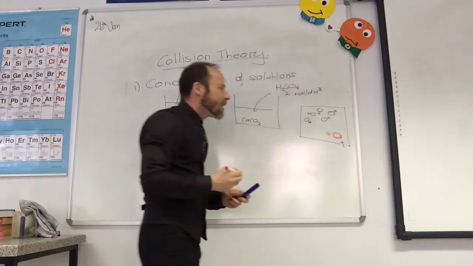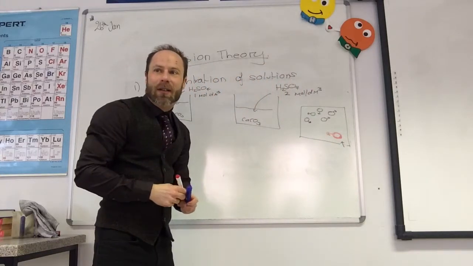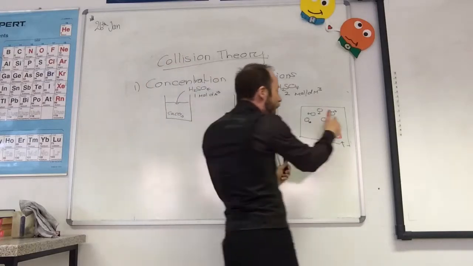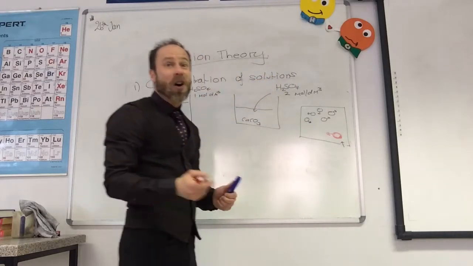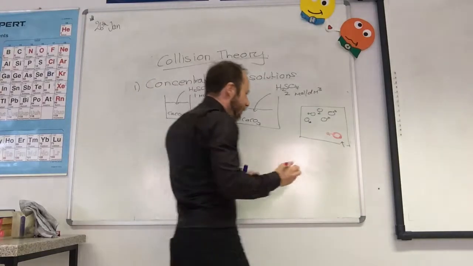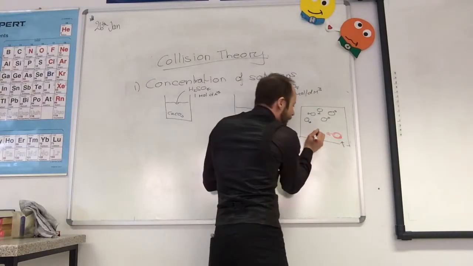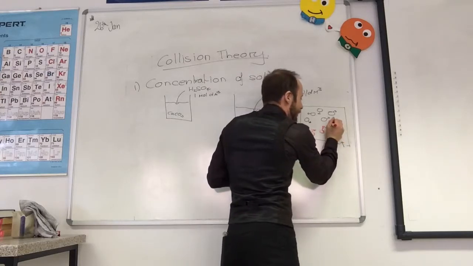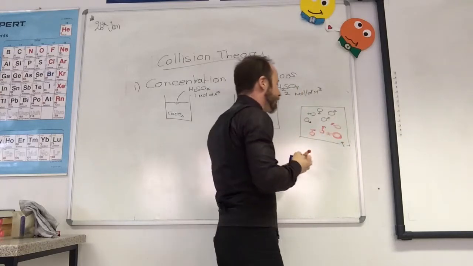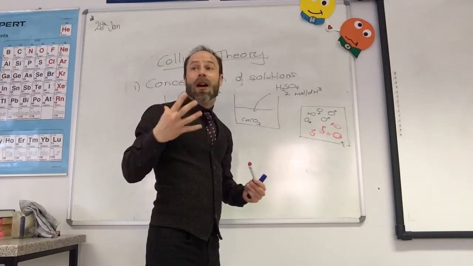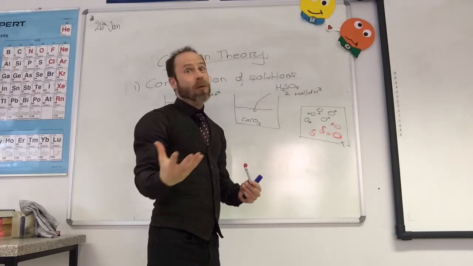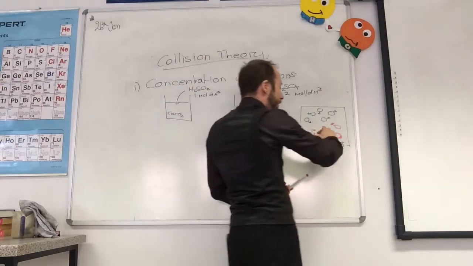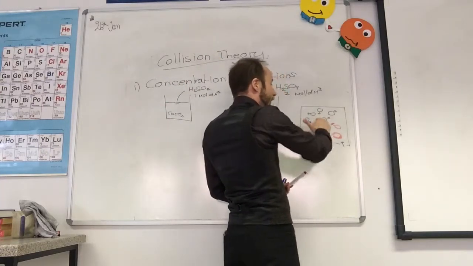What is the likelihood of you colliding? 1 in 5 chance? Yeah, not very likely. It's going to take a while for one of you to finally meet him, isn't it? Poor guy. However, if I put far more into the room and they're all randomly walking around, you are far more likely to have a successful collision, because I've got more boys in the same volume as you.